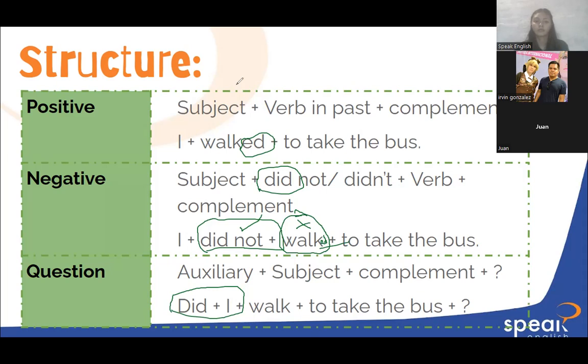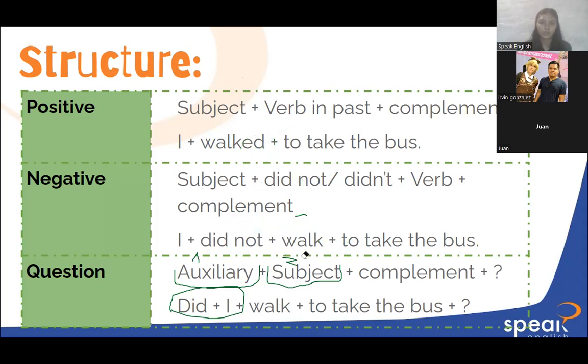Yes, the did is the first in the question. We switch. Now the auxiliary is first, and then in second place we have the subject. Excellent. Give me a second, I will erase all this.